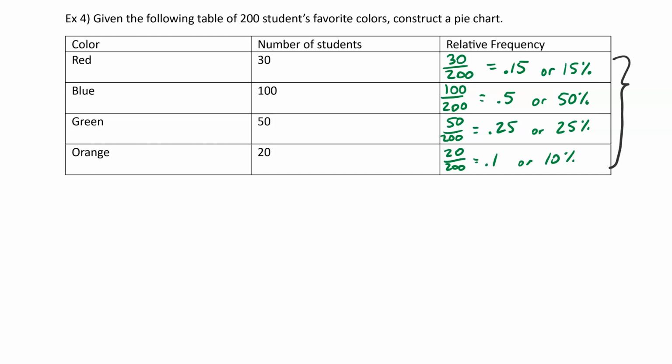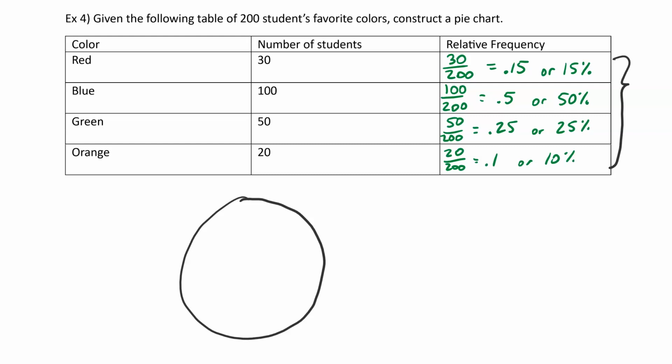For this example, though, we're not going to do that. We're just going to give it our best shot. So if I draw that little circle here, we're going to start splitting it up now.